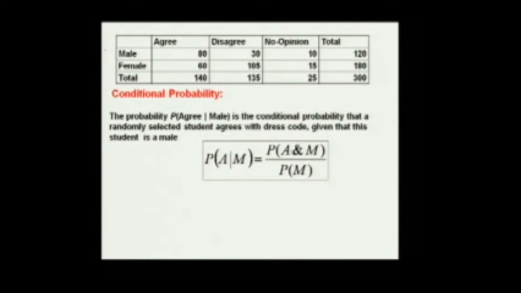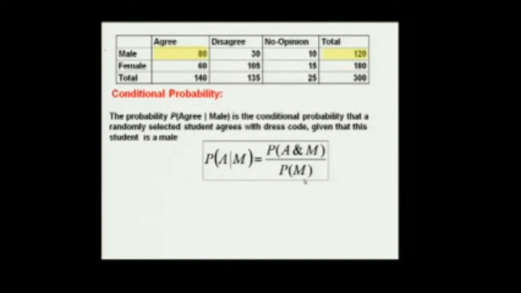So we have this value and this value from the contingency table. The 80 over 300 will give us the probability of A and M, and the 120 divided by 300 will give us the P(M).